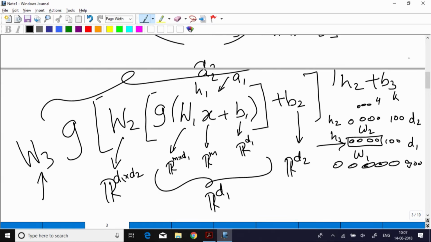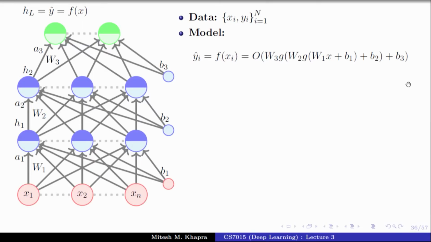D2 cross K. And what's the dimension of B3? K. One for every neuron. Is that fine? Now everyone gets it how I can write the output as a function of the input. And now just stare at this quantity that you have and see whether it's the same as what we did. Is it the same? Everyone fine with this?